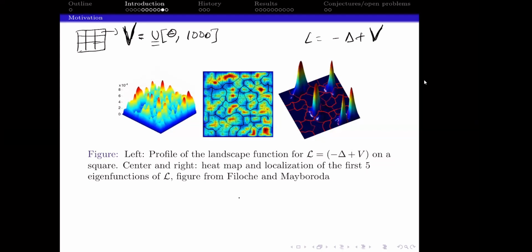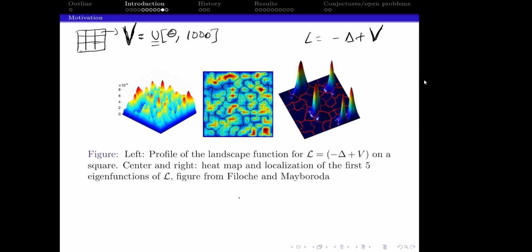On each square, you choose it to be some random number, say uniformly. Now you look at the eigenfunctions. Where are they localized? It will be random, right? But they prove in this series of papers that there is a universal function, this landscape function, which predicts where they are likely to localize.